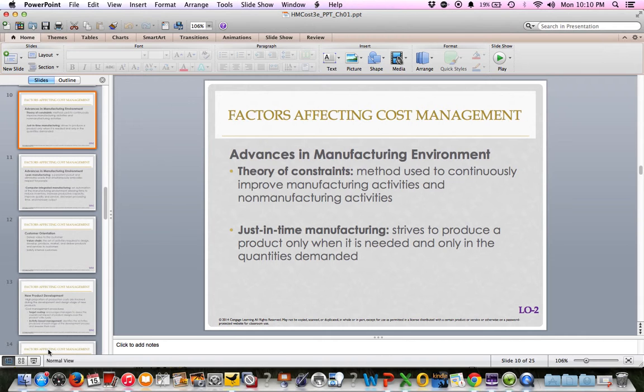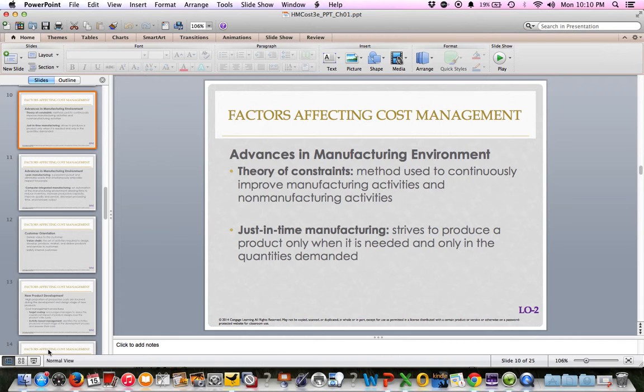Just know that it's companies that are continuously trying to improve. Just knowing that in any manufacturing company you have some kind of a constraint. And that constraint is basically whatever is slowing down our process. It could be the number of machine hours available, or it could be floor space, or a constraint of some resource that we need.